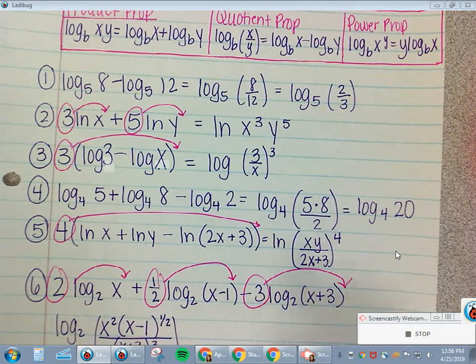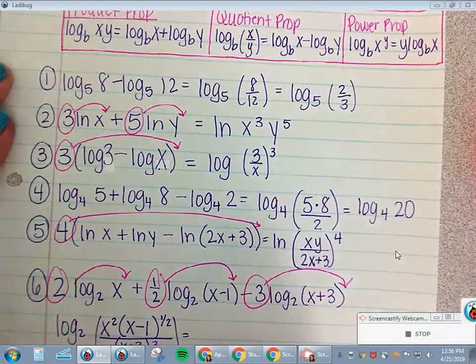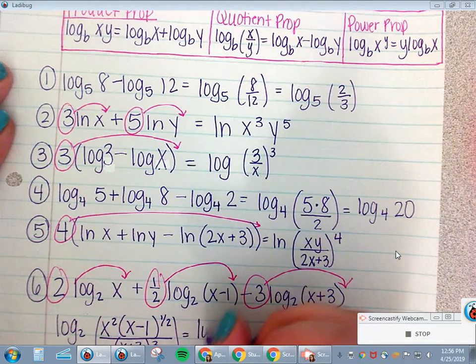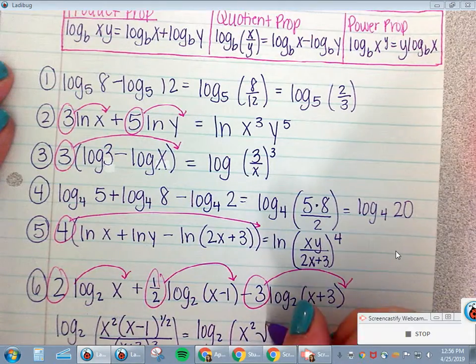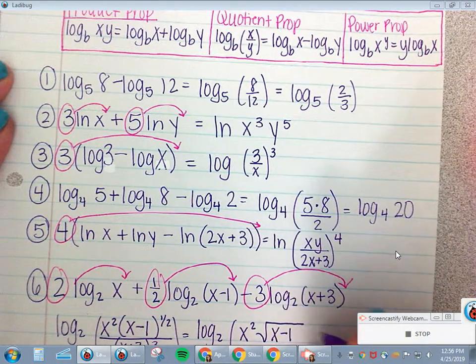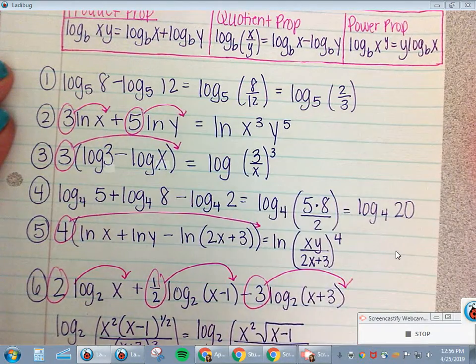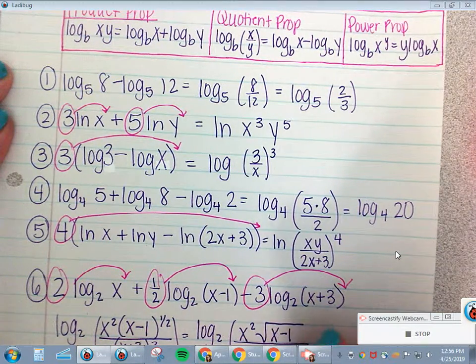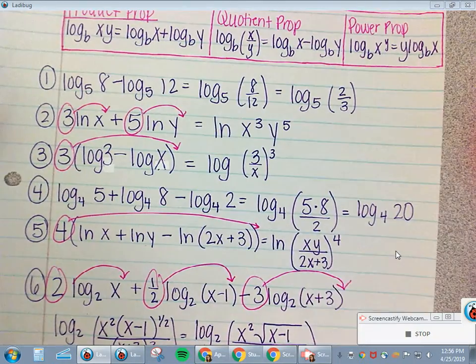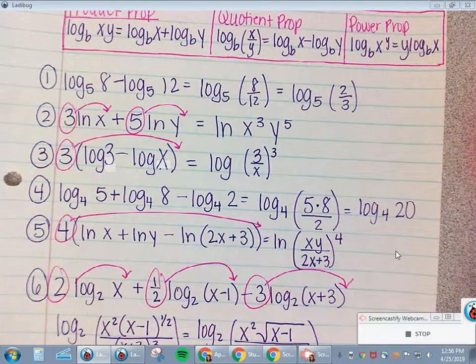So let's do that. On the bottom, I'm going to expand this, and I'm going to rewrite this as a square root. On my bottom, let's actually FOIL this into x squared plus 6x plus 9. And we'll call it good there.